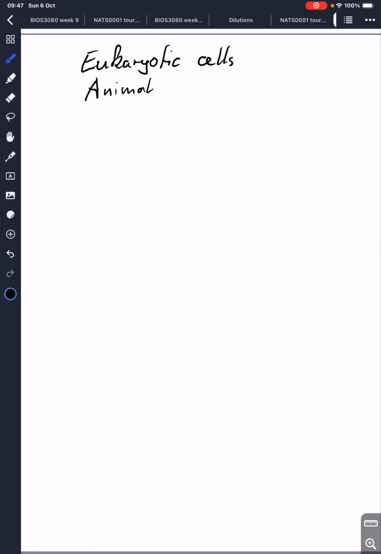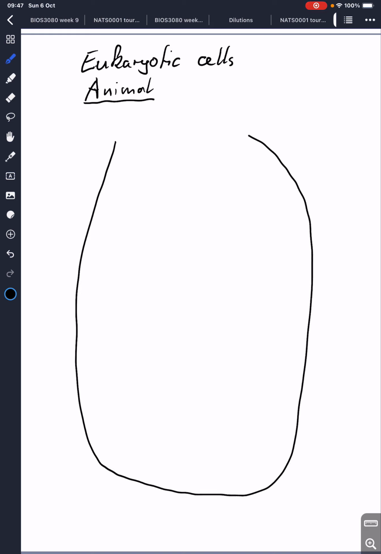Now let's have a look at a eukaryotic cell. So let's look at what eukaryotic cells look like. And we can distinguish between animal cells. Let's start with a typical animal cell first. And like the prokaryotic cells, we have a cell membrane.